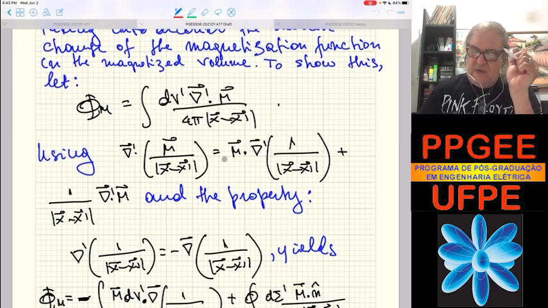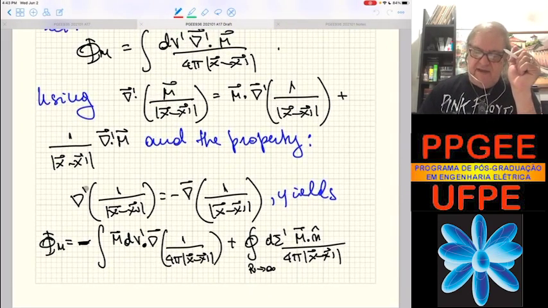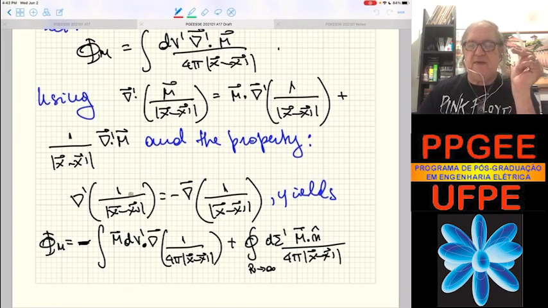We use the chain rule again, right? Divergence of a vector times the function equals vector times gradient of the function, which is the inverse function, plus function times divergence of the vector. Also that famous property we always use, nabla prime equals minus nabla of the inverse function.